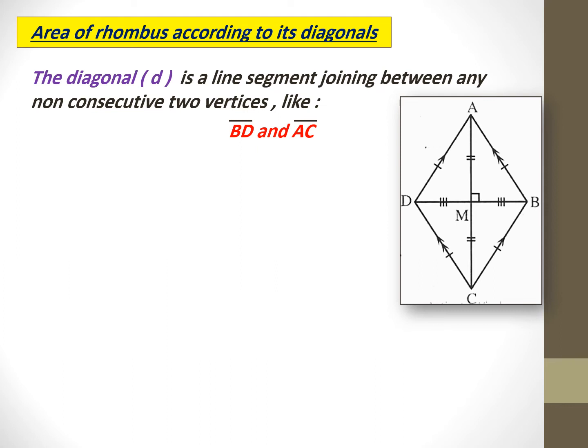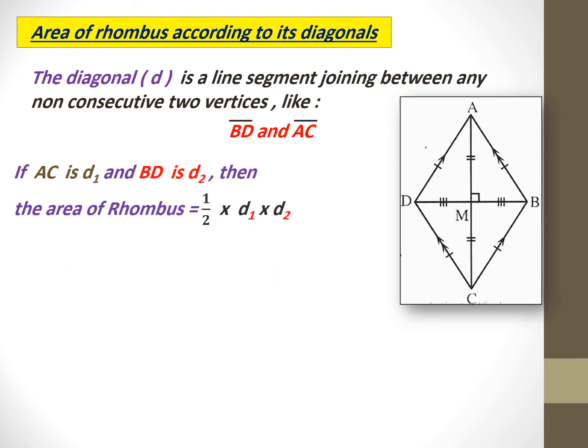If AC is d1 and BD is d2, diagonal number 1 AC and diagonal number 2 BD, then the area of the rhombus equals half times d1 times d2.